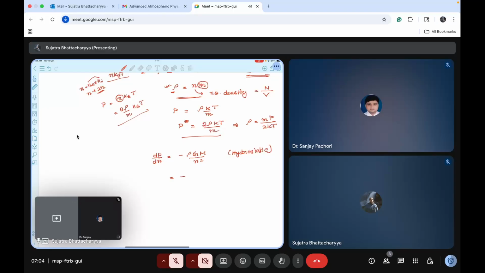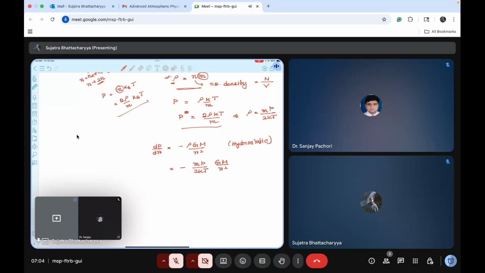So just replace that: m p divided by 2 kT into GM by r squared. This is your dp/dr. And remember, this small m which we have written is the mass of the plasma of the solar wind.